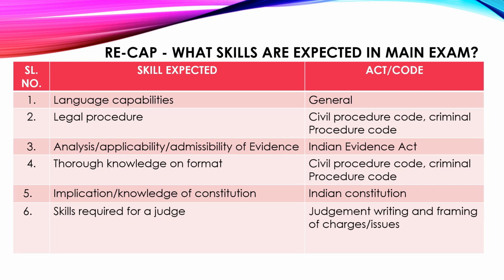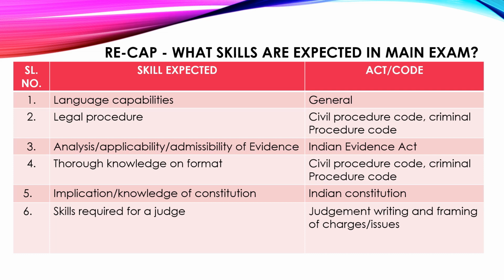The third point is analysis, applicability or admissibility of evidence. So now you got the language capabilities. Now that legal procedure knowledge has also been acquired, the next aspect is how we should analyze or apply or check the admissibility of evidence.